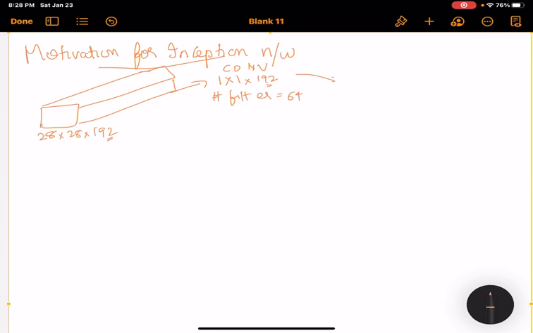So the resultant would be n minus f plus 1, which is 28 minus 1 plus 1, which is equal to 28. So this gives me again a 28 cross 28 image, but the depth will always be the number of filters, which in this case is 64. So it gives me a 28 cross 28 cross 64 output.